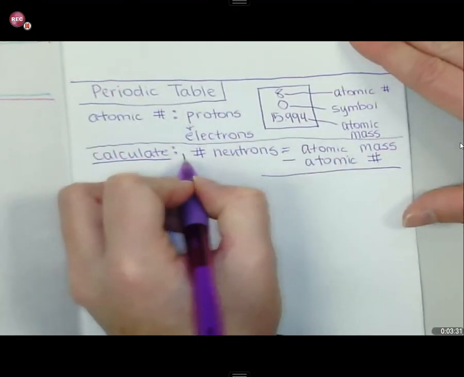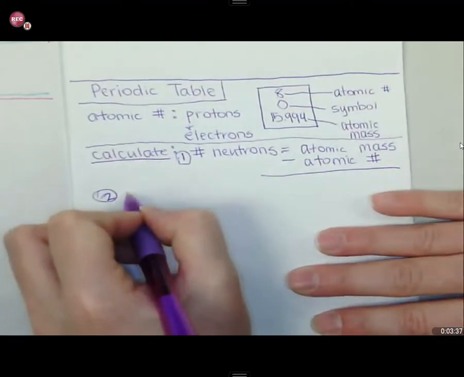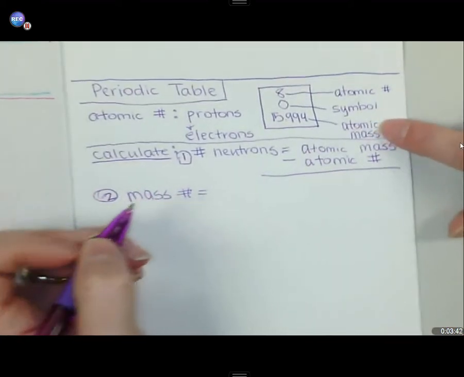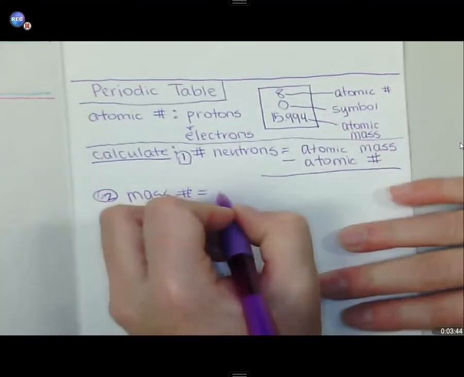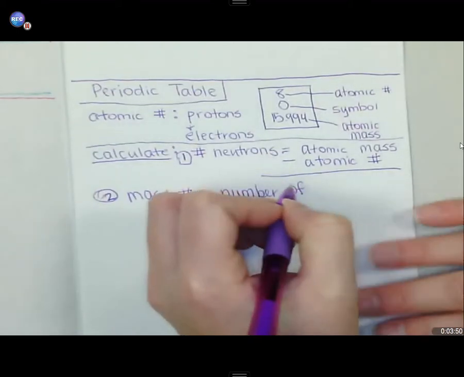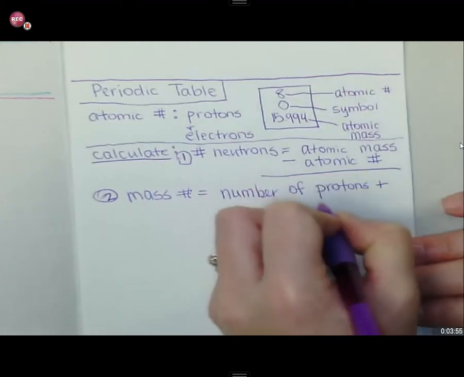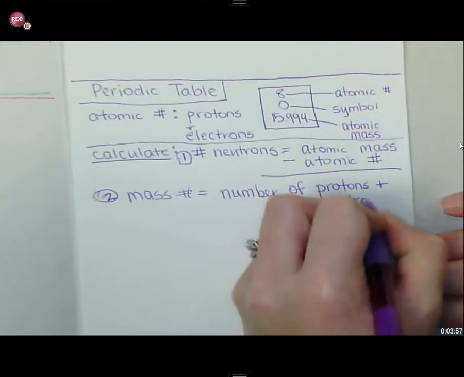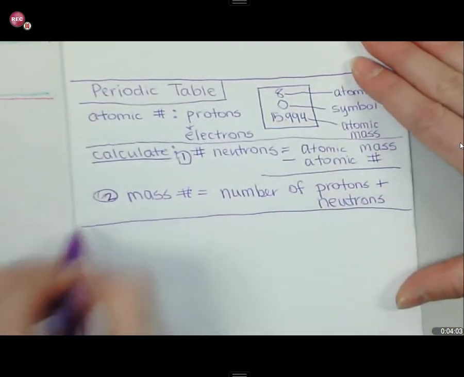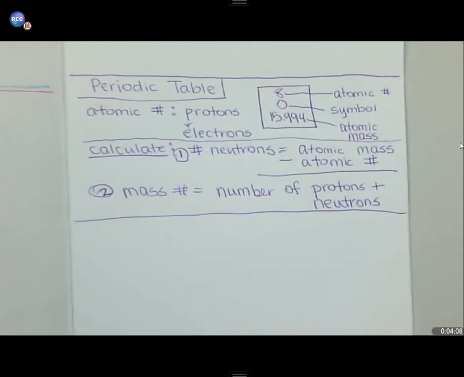And the second calculation is going to be the mass number. To get your mass number, that's different than the atomic mass, okay? So this is different. It's going to be the number of protons plus neutrons. Okay, so those are the things that you should know off the bat.